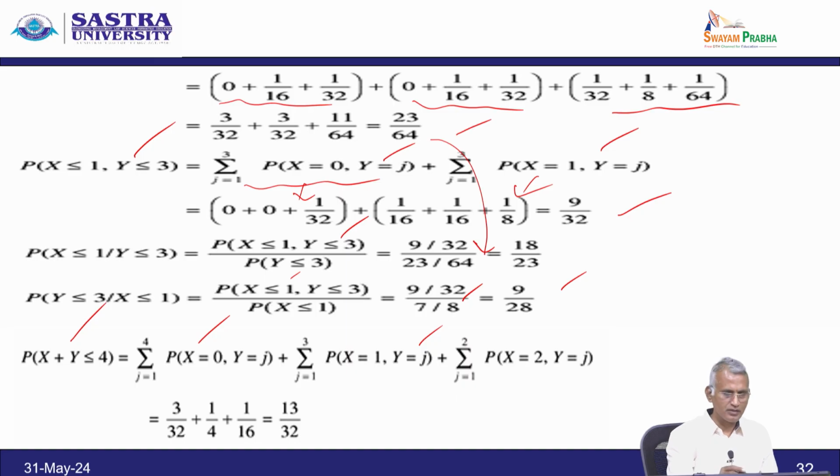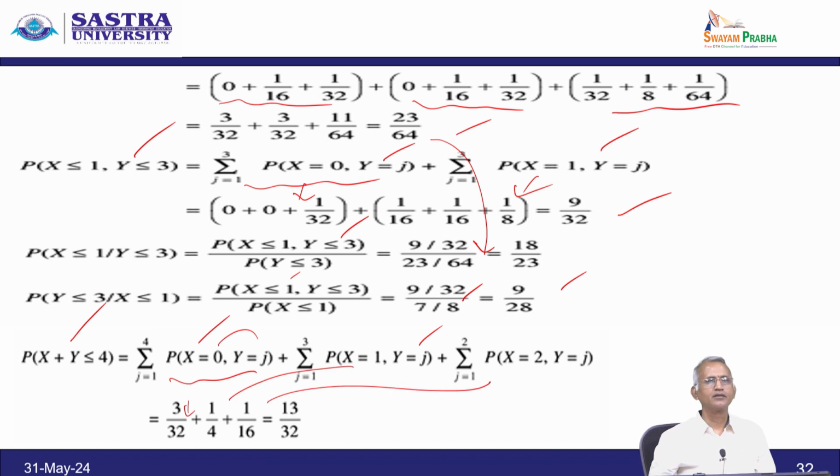It means (0,1), (0,2), (0,3), (0,4), you have to find out and add them, you get this value. Similarly, (1,1), (1,2), (1,3) you have to do this, and then (2,1), (2,2) you have to do that. So, this is a way we can do with the help of the joint distribution.